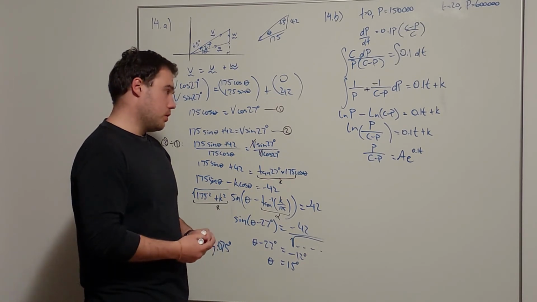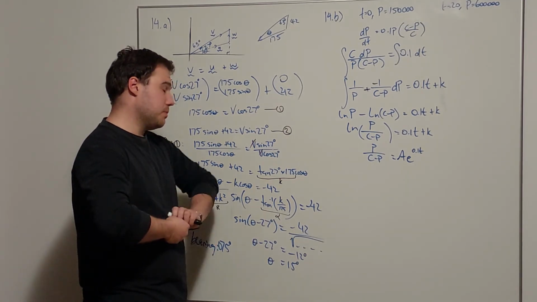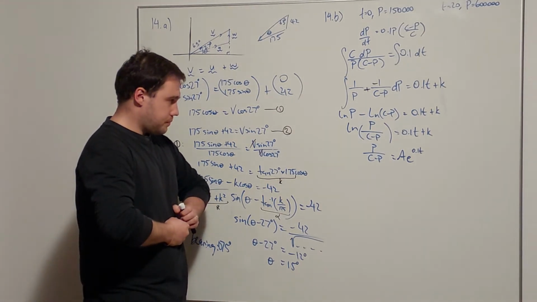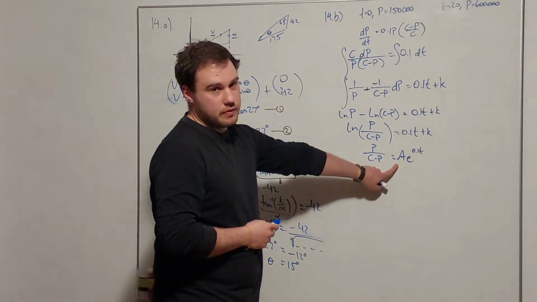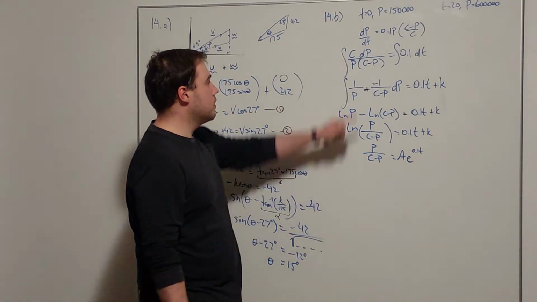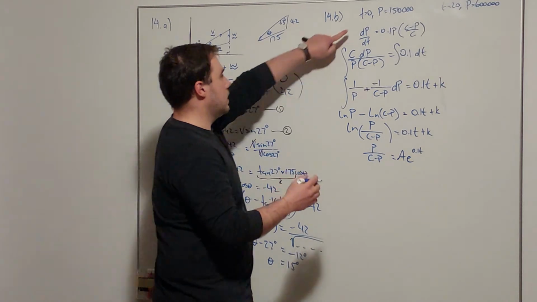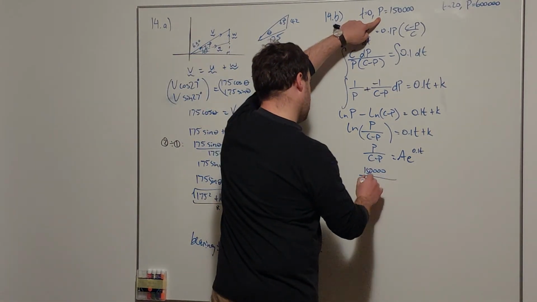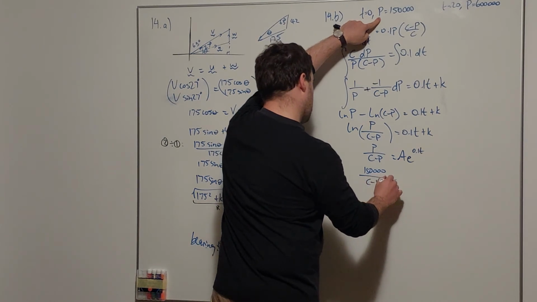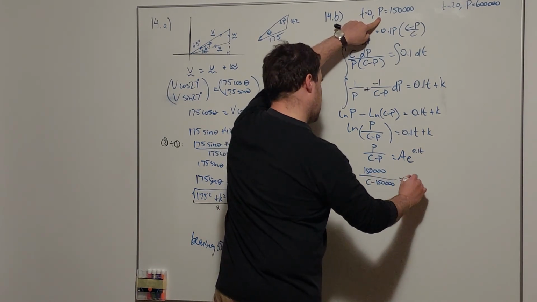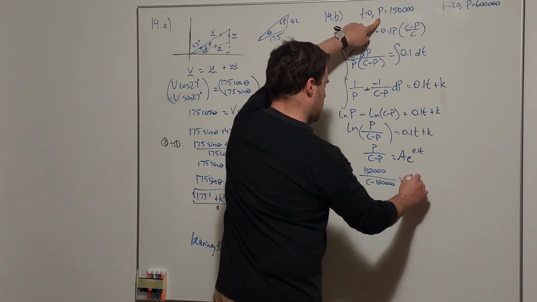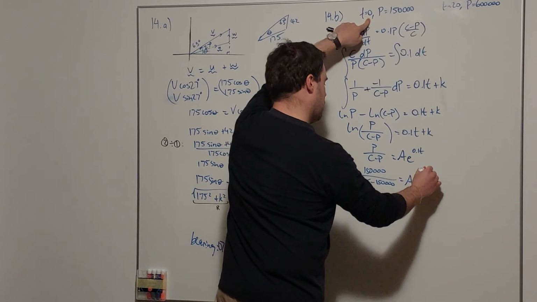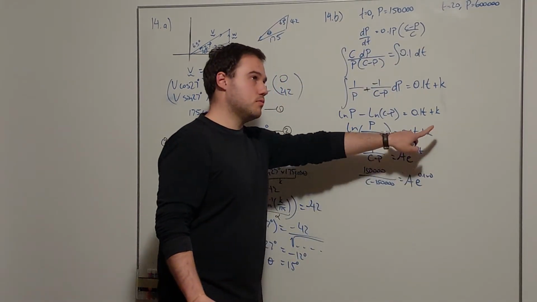Okay, so we could keep on going and solve, make P the subject, or sometimes it can be useful in this case to get an expression for A, to sub in this condition here. So we have P, 150,000 on C minus 150,000 equals A e to the 0.1 times 0. 0.1 times 0 is 0.